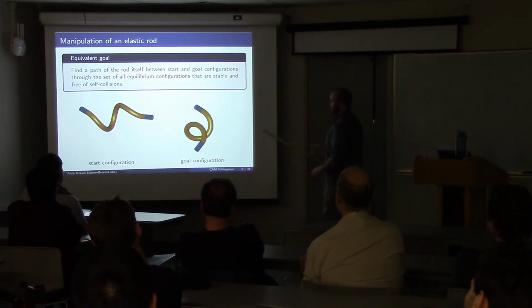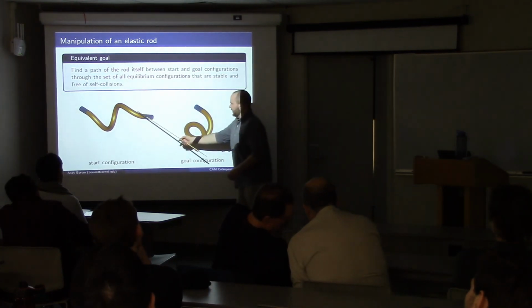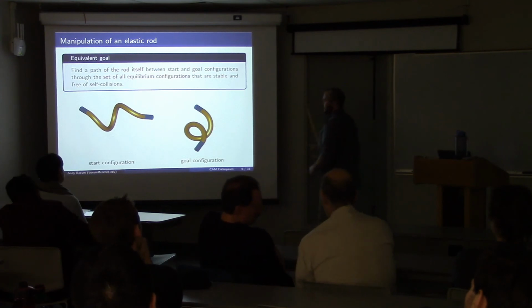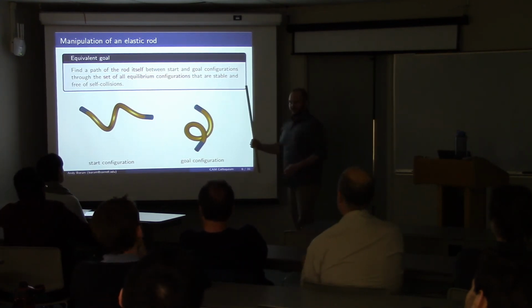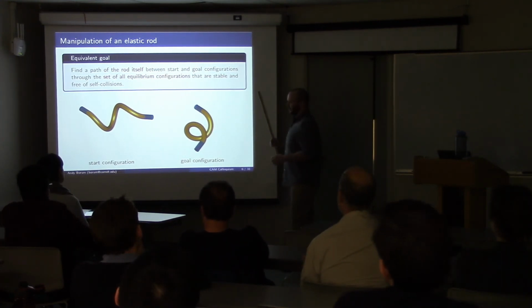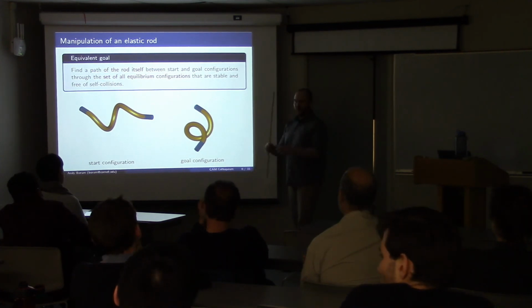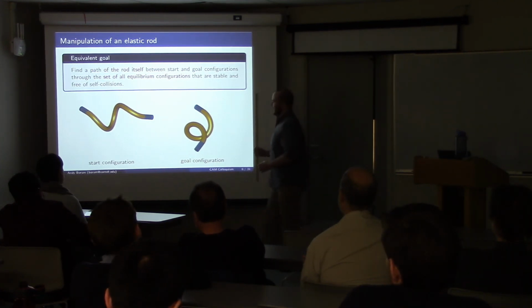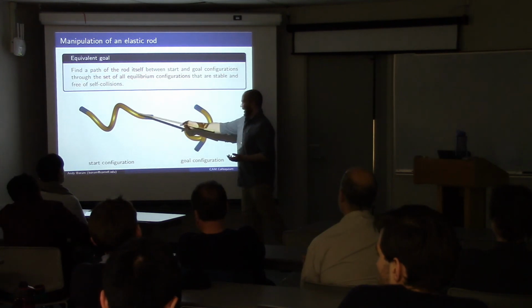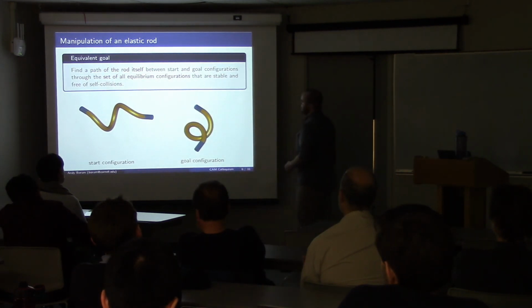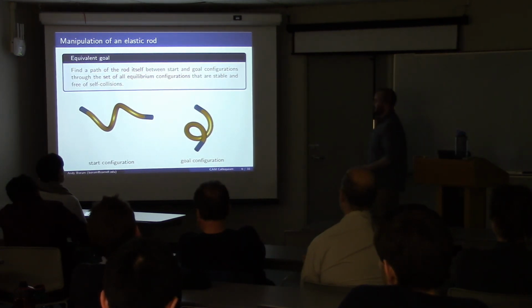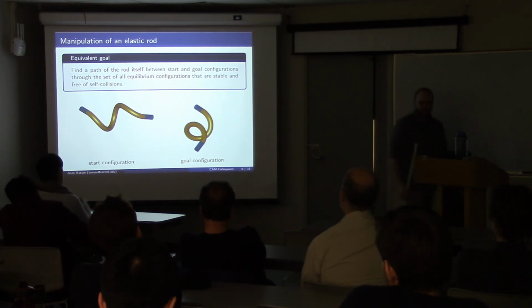Find a path of the rod from this shape to this shape through the set of equilibrium configurations. So somehow we need to describe that set of all possible equilibrium configurations. And then we need to just figure out how to define paths from one shape to another. So we're looking for a path through the set of equilibrium configurations that are stable and free of self-collisions.